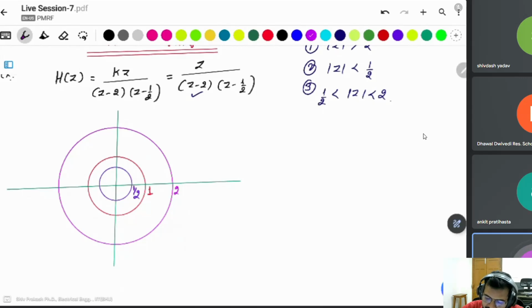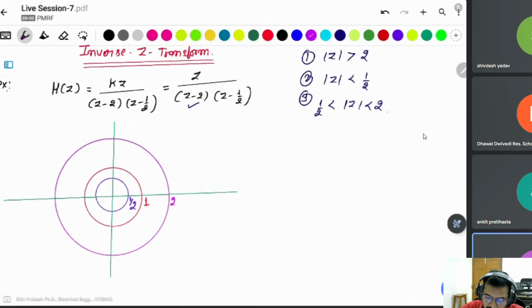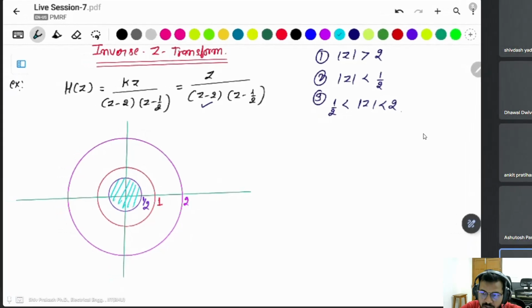In the first case, if the ROC lies less than half, it means inside the circle. mod z should be less than half.